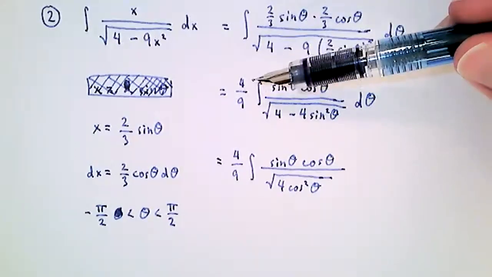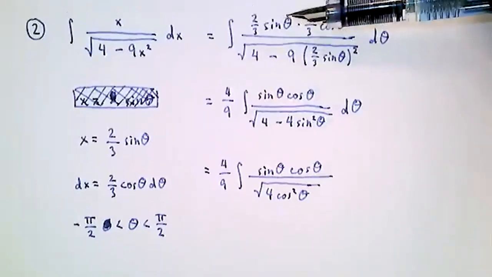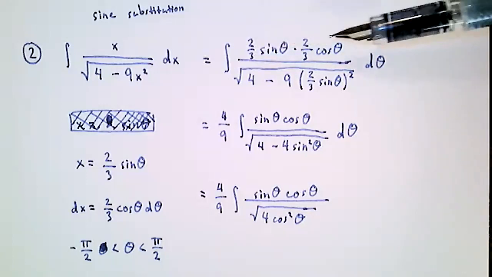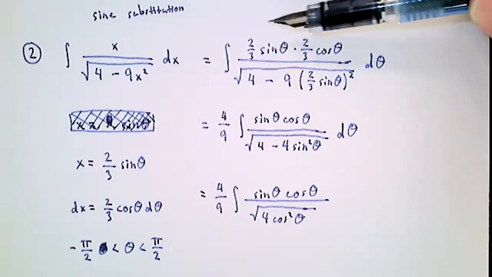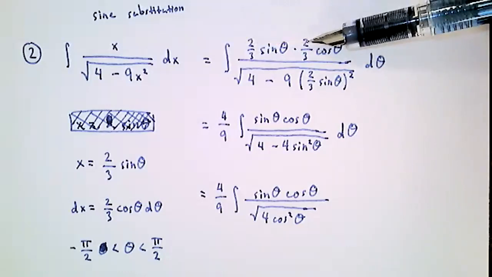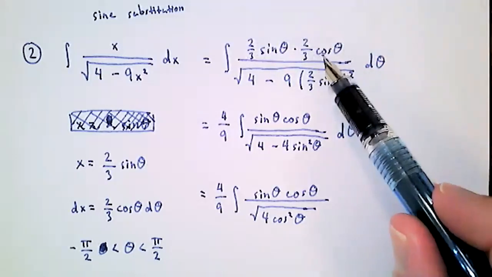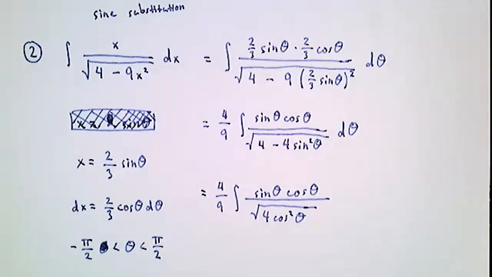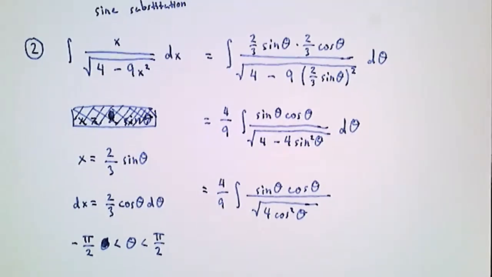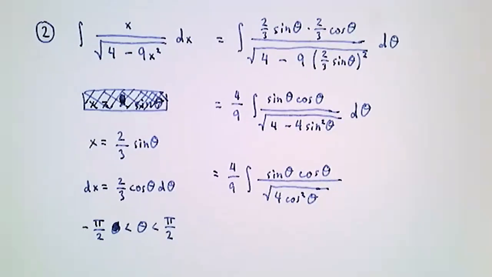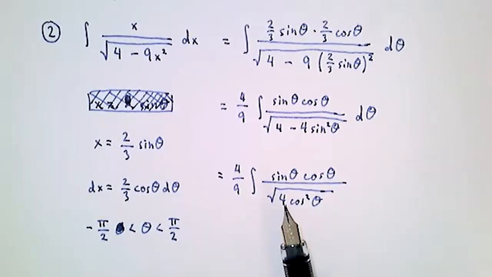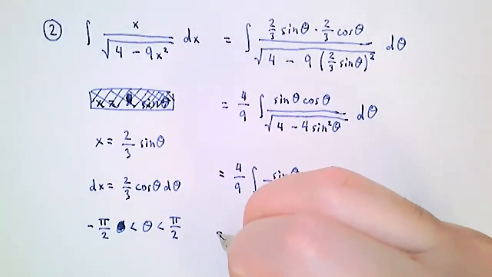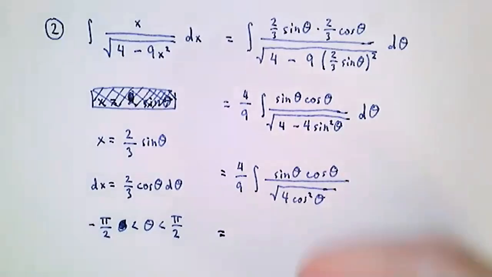Okay, so this 4 actually didn't come from the square root. It came from these fractions here. So we had 2/3 times 2/3, which when you multiply becomes 4 over 9. And I just moved that constant to the front of the integral. Yeah, good question. But now we can actually get this 4 out of the square root. We just take the square root of 4 and get a 2.